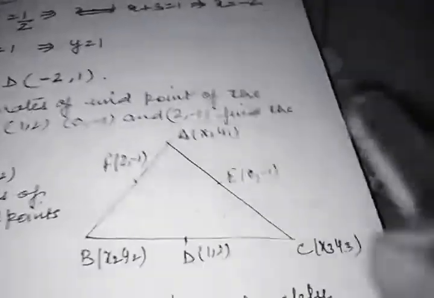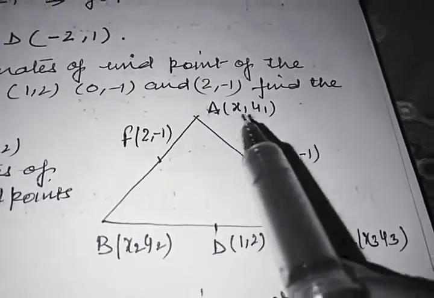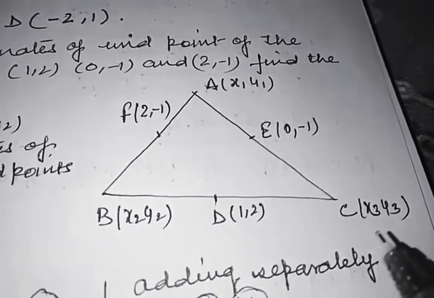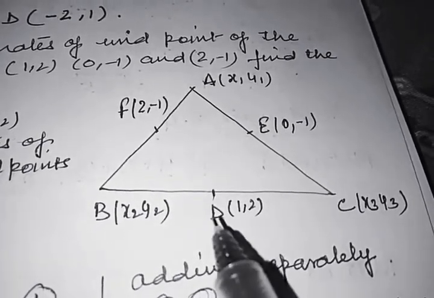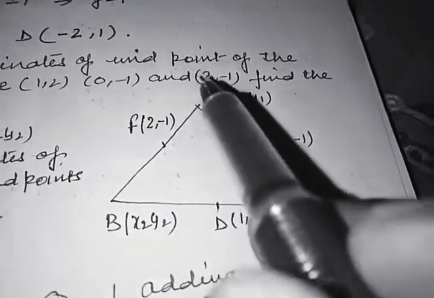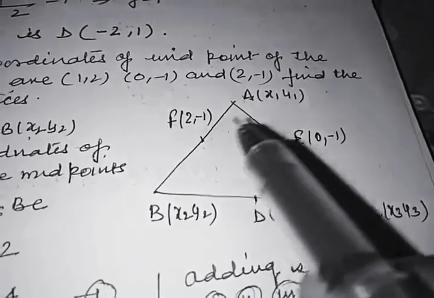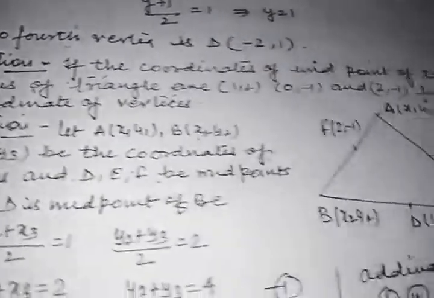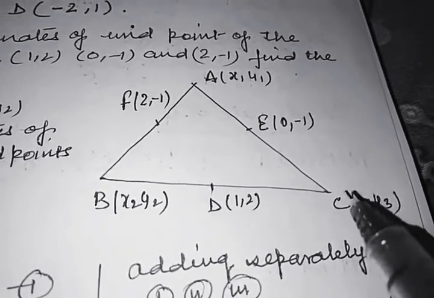Okay, so this figure I have drawn: A, B, C, D. So A(x1, y1), B(x2, y2), C(x3, y3), and these are given. D is the midpoint of BC, D(1, 2), and E is the midpoint of AC, E(0, -1), and F is the midpoint of AB, F(2, -1). Okay, so now see, what we only know is that D is the midpoint of BC.